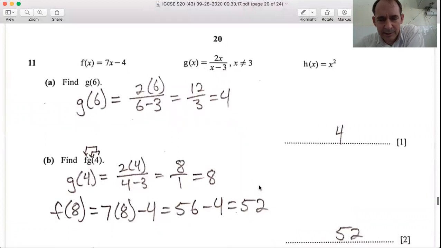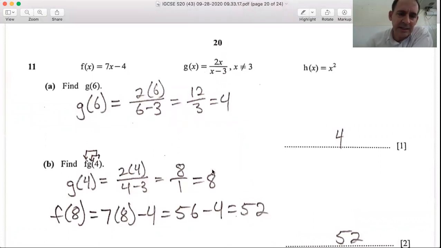Moving on to number 11, this is about functions. So f of x equals 7x minus 4, g of x equals 2x over x minus 3. Because there's a division, they have to give you the domain statement, x cannot be 3. Then you have this h function, which is x squared. So part A, find g of 6.